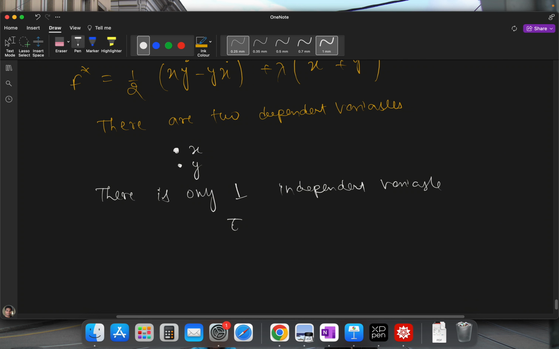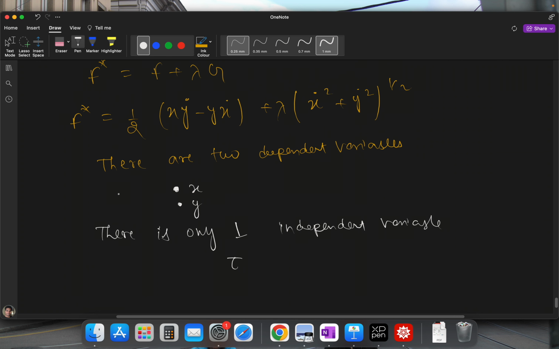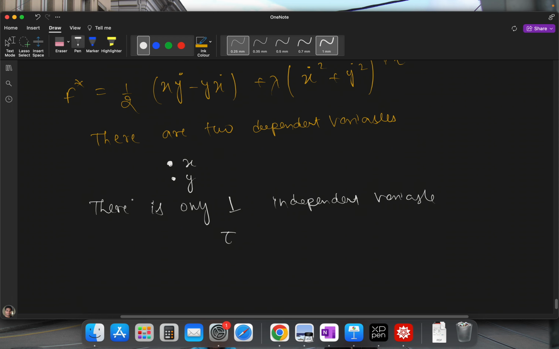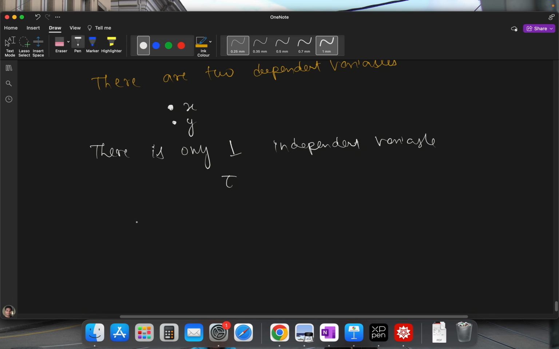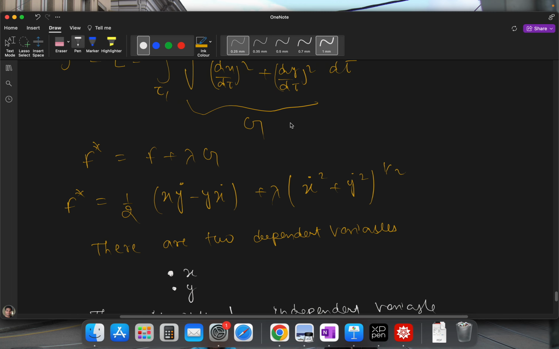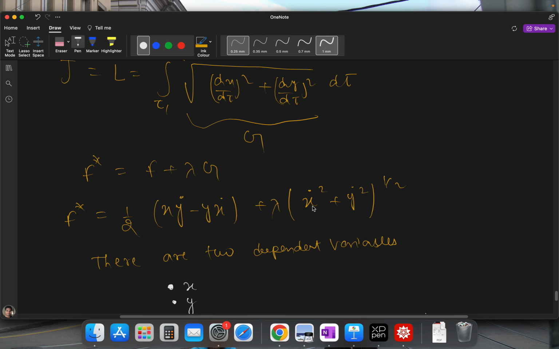As sir has already derived, when you see two dependent variables, we have to make a coupled series of differential equations. So in this case we write del f star by del x minus d by dt of del f star by del x dot equal to 0. It should be t here, not tau, because tau is inside the integral, but the independent variable is t.